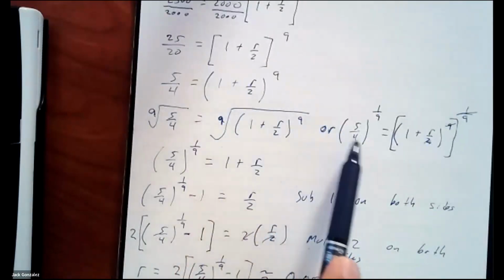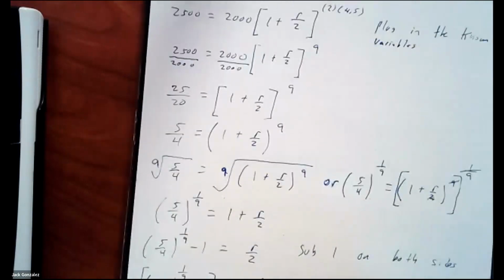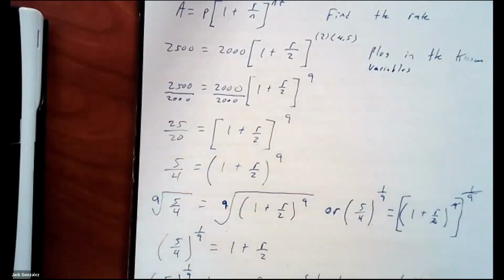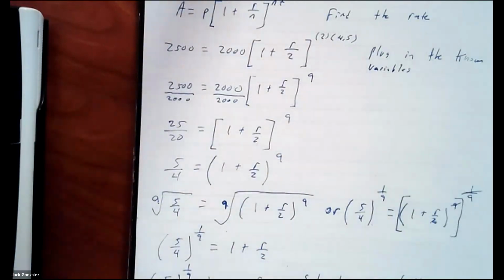The question said semi-annually, and then 4.5 years, so I put those in parentheses, and that's 2 times 4.5.